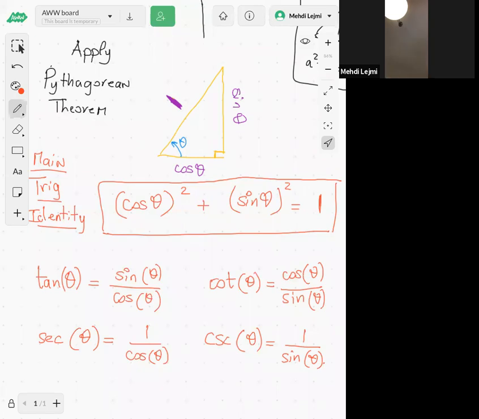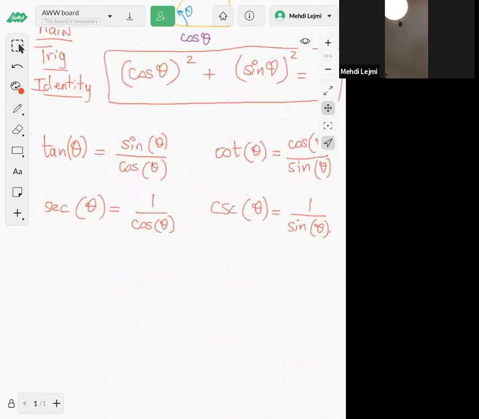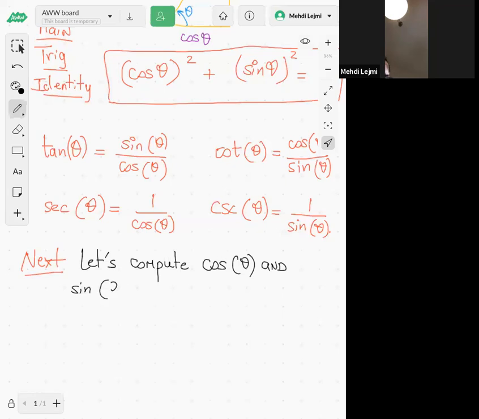Yeah, let's do that. So next, let's compute cosine of theta and sine of theta for some special angles.